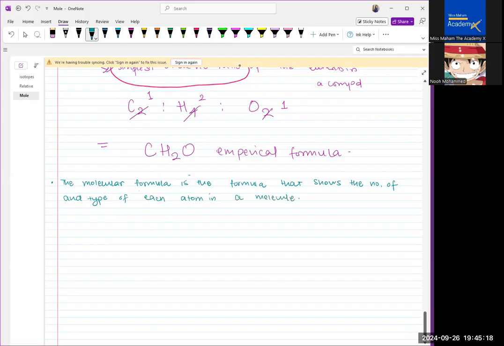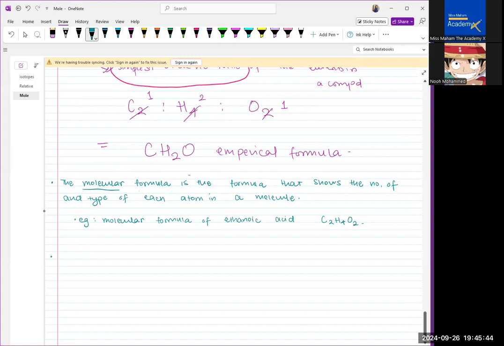For example, the molecular formula of ethanoic acid is C2H4O2.